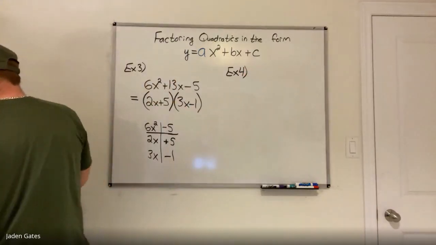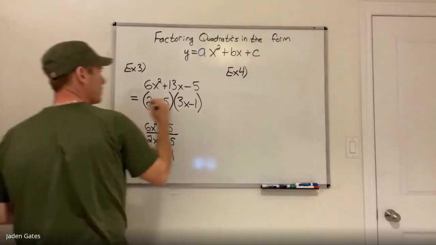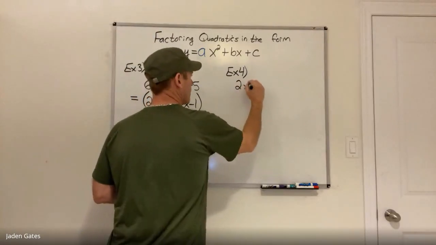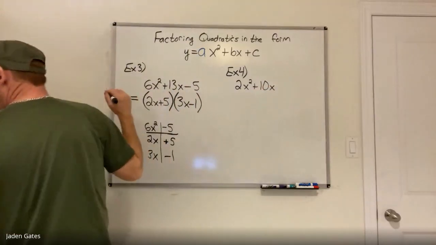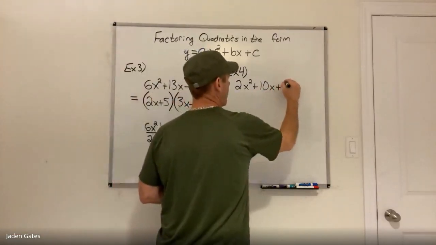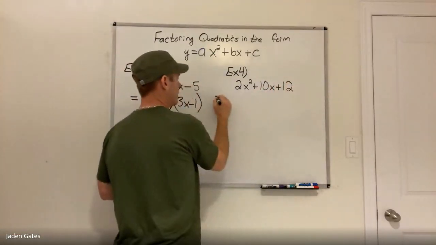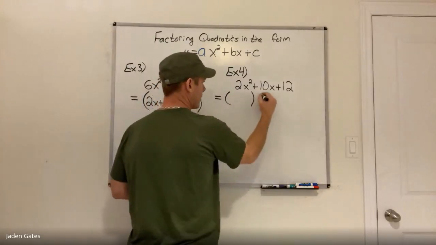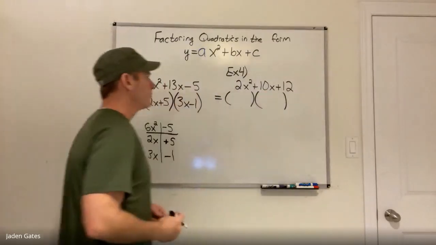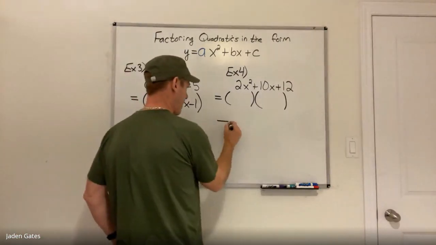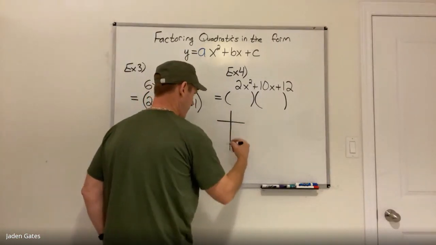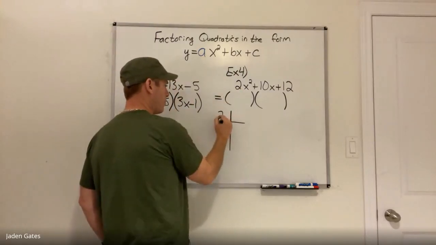We have 2x squared plus 10x plus 12. All right, so there's my 2 pieces I'm going to draw in there. All right, and again, I'm going to make my table. All right, so first term, put it in the right spot here.